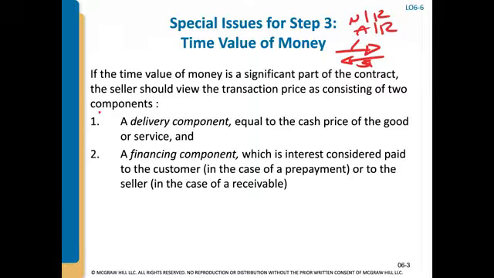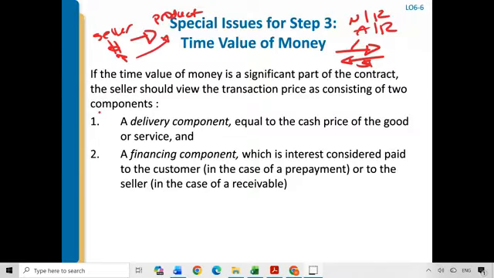Alternatively, on the flip side, a seller can recognize a deferred liability if the payment occurs before delivery. The seller receives the money first, and then in the future, they deliver the product to their customer. In that case, the customer can be viewed as making a loan to the seller because they're giving them money in advance of when they're receiving their product.